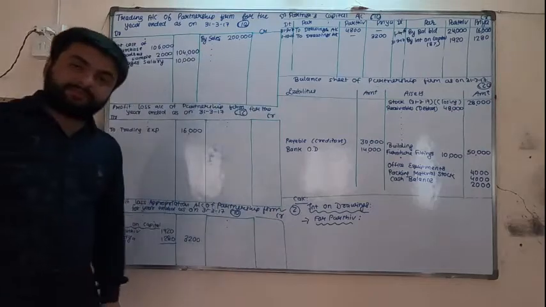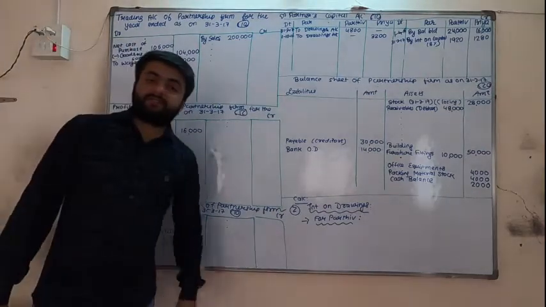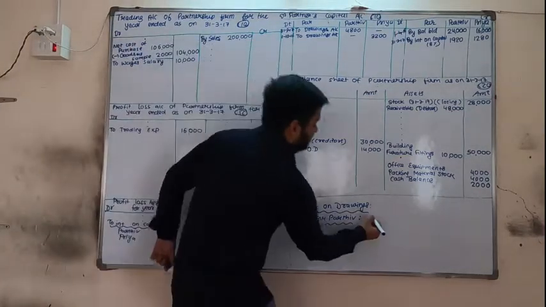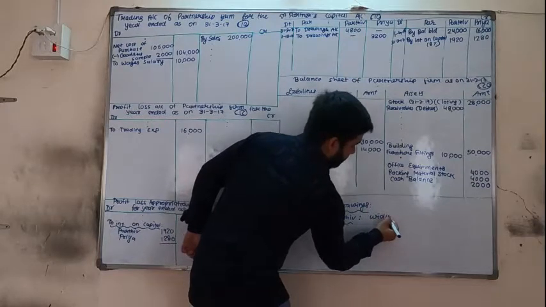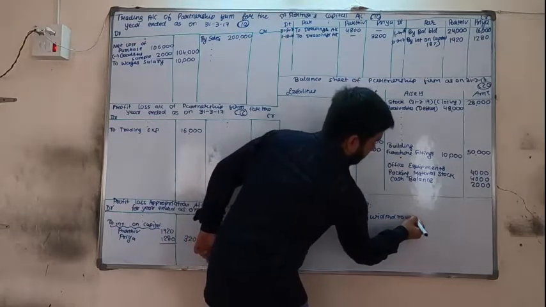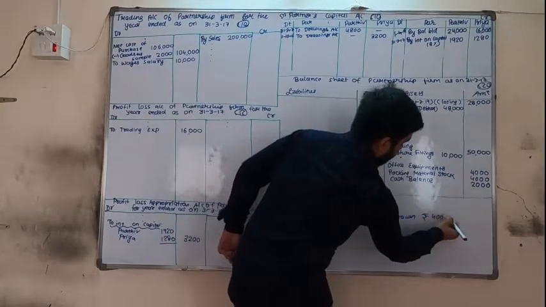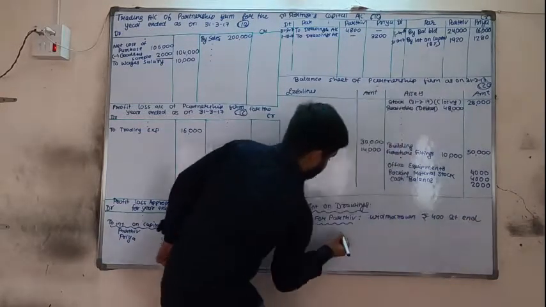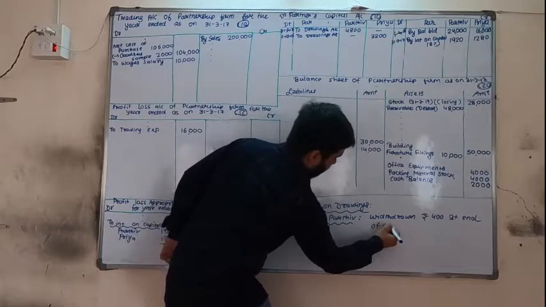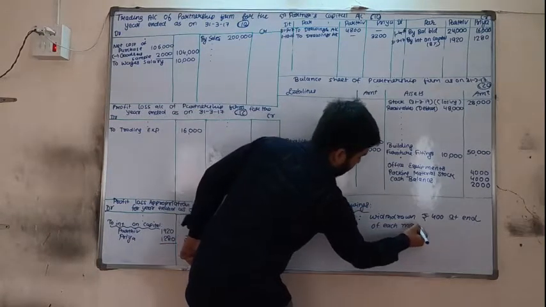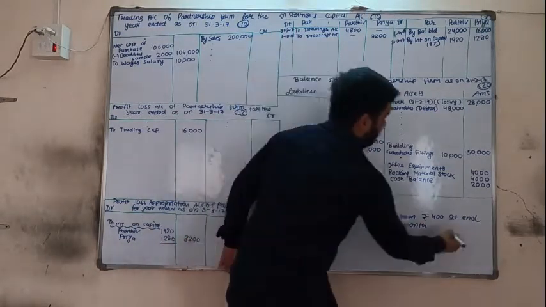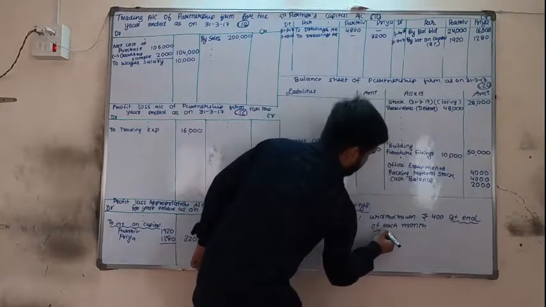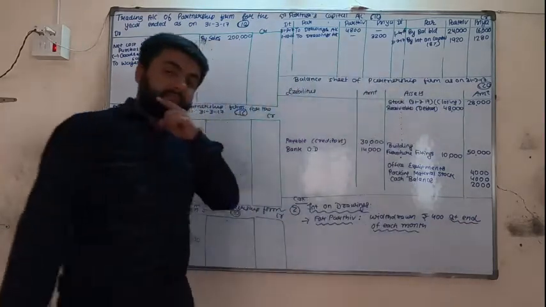Parthiv has withdrawn rupees 400 at the end of each month, as written in the book.